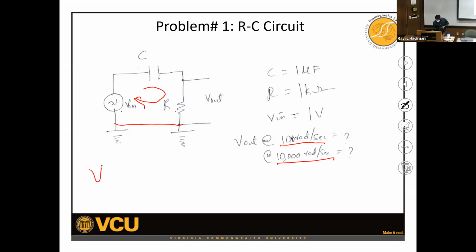So V out equals V in into the voltage drop across this, that means R, divided by the entire, not resistance, but the impedance, because we are dealing with AC circuits here.